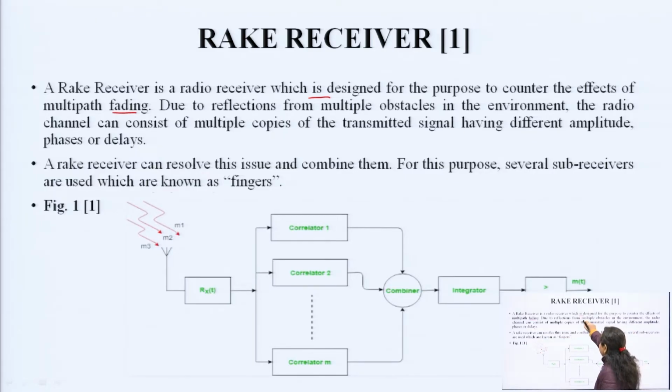Due to reflections from multiple obstacles in the environment, the radio channel can consist of multiple copies of the transmitted signal having different amplitude, phase and delay.